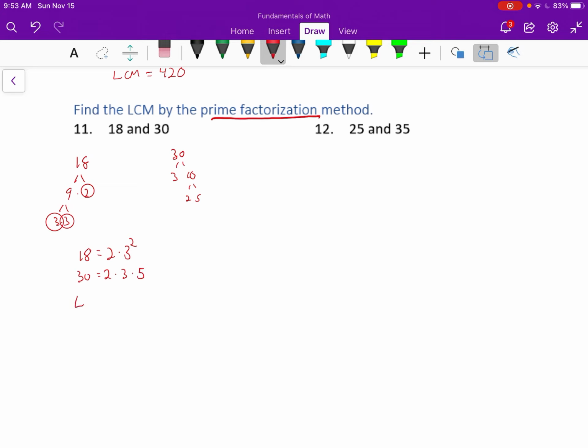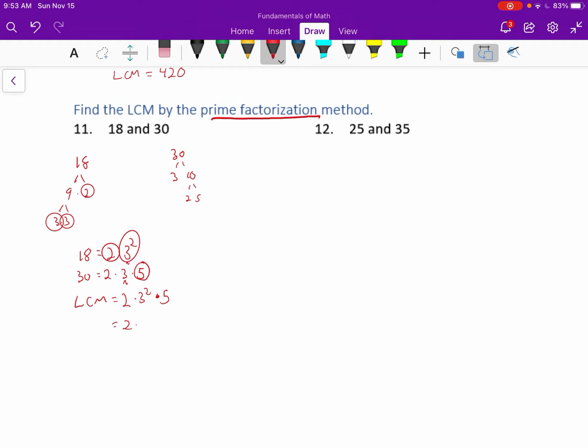And for our LCM, we want each factor that appears, and if they appear in both numbers, then you want the higher one. So we have a 2, so we'll circle this 2, we want that. We have a 3 and a 3 squared, well, we pick the higher one. So times 3 squared, and we still have a 5, so times 5.